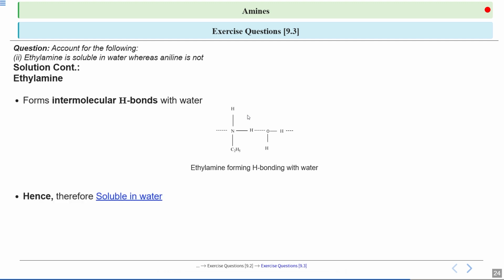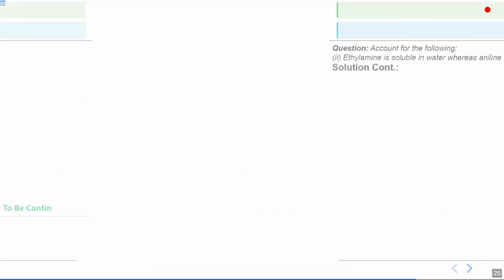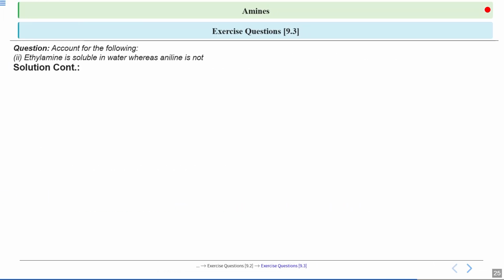Hence ethylamine forms hydrogen bonds with water, which makes it soluble. Now if we talk about aniline, can you guess the reason why aniline is not soluble? Aniline is an aromatic amine. If you see the structure of aniline, this nitrogen has 1 phenyl ring and 2 hydrogens.